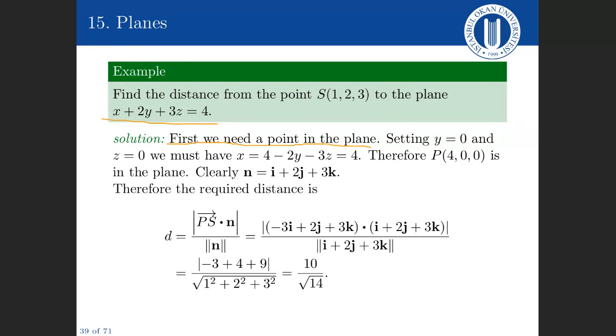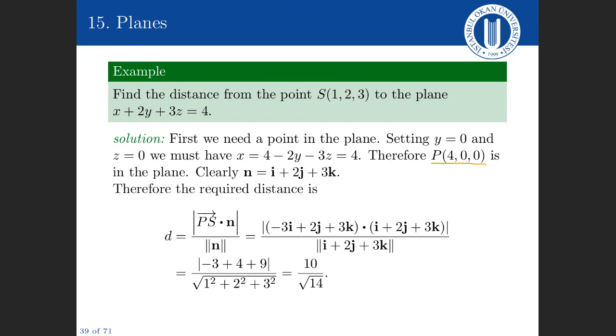Of course, there are infinitely many points that we can choose. But an easy way is to say, let y equal 0 and z equal 0, and then x must be 4. If y is 0 and z is 0, then x must be 4.